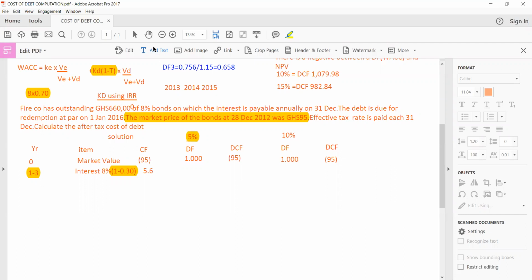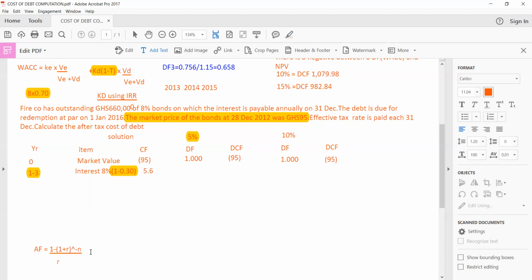When we went through the time value of money, I said that annuity factor can be computed as 1 minus, into brackets, 1 plus r to the power minus n, all over r. This was the formula that I gave you, and do not forget it. Very, very useful. So this is how to calculate annuity factor.